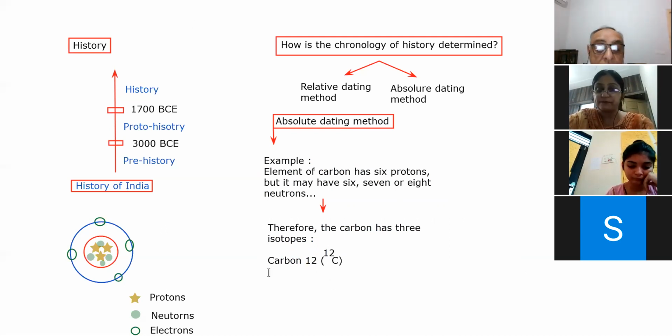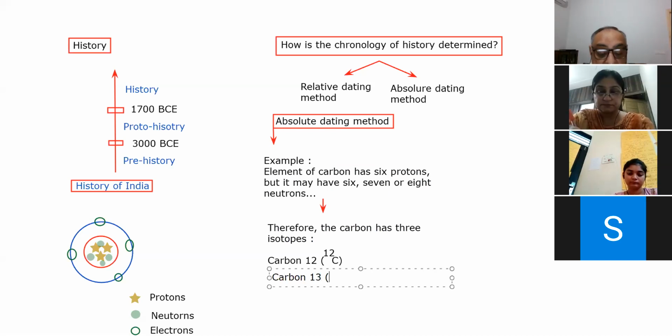Similarly, there is carbon 13, which is written as 13C, and carbon 14, which is written as 14C.